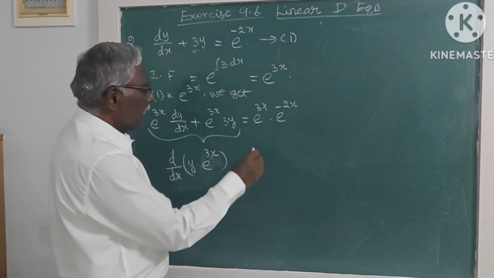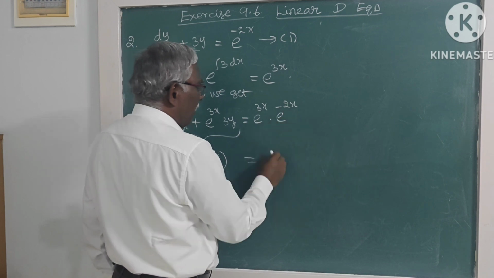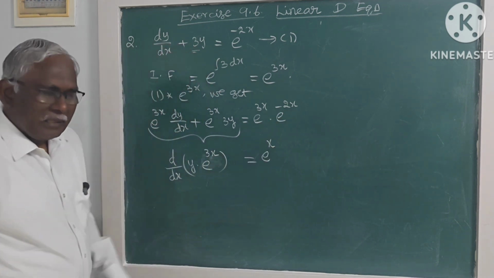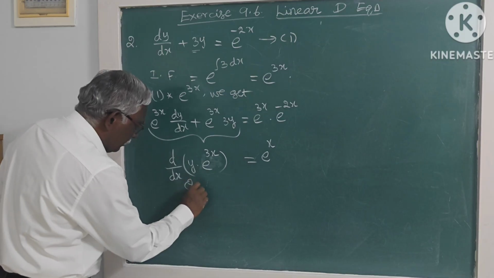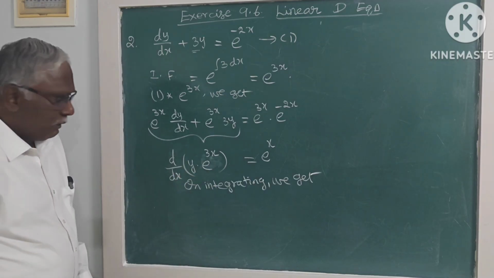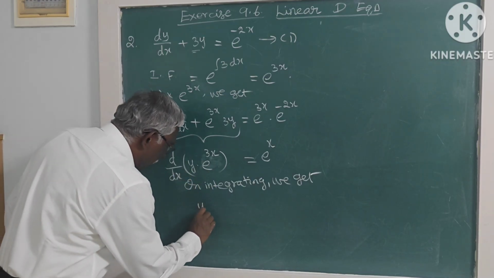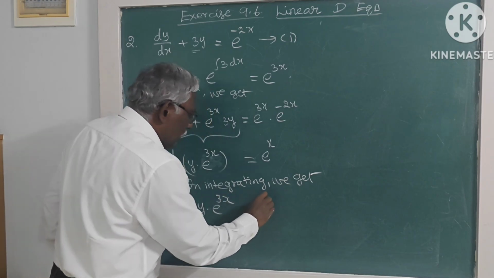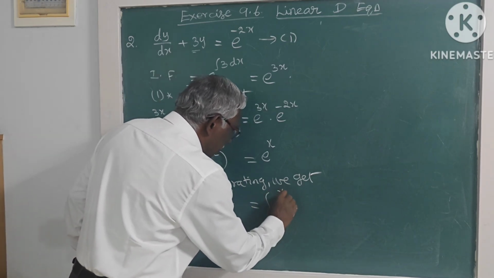This is equal to e power 3x and e power minus 2x, which is e power x. On integrating we get y into e power 3x equal to integral e power x dx.